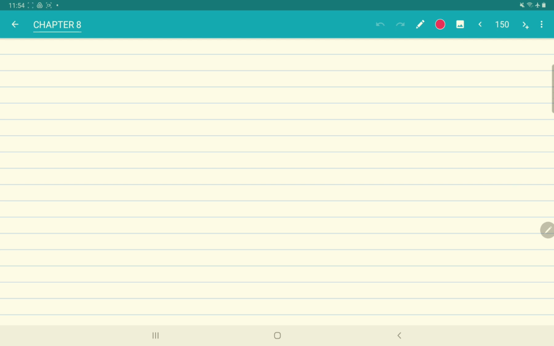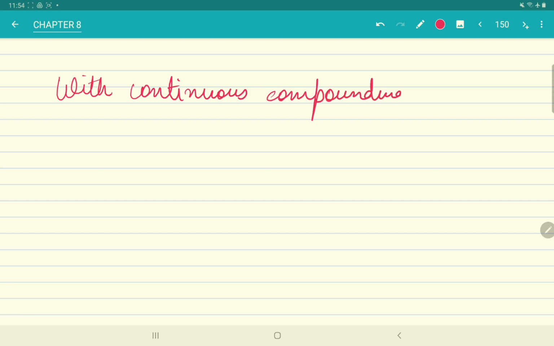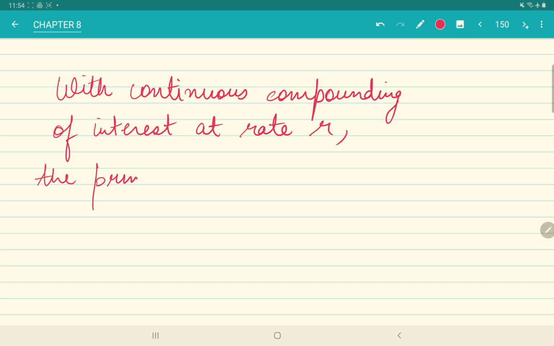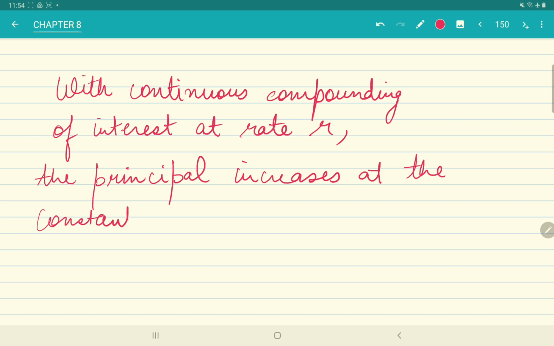So this is a very important point to take note of, that with continuous compounding of interest at rate r, the principal increases at the constant relative rate r.